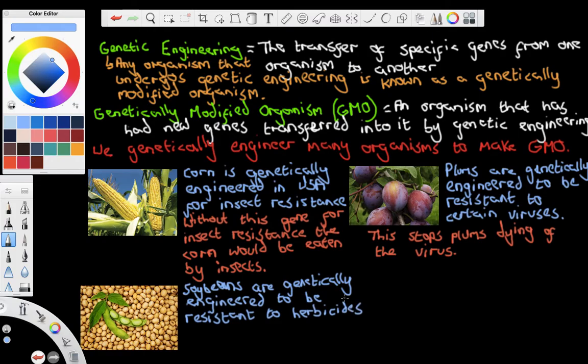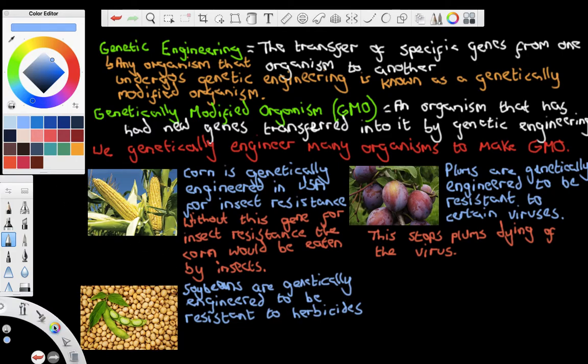Now, herbicides are chemicals that we spray plants with to kill weeds. So if you're a farmer, you want to spray herbicide across all of your land. You only want to kill the weeds. You don't want to kill the plants you're trying to grow, such as the soybean. Therefore, if your soybeans are resistant to the herbicide, you haven't got to worry about them dying.